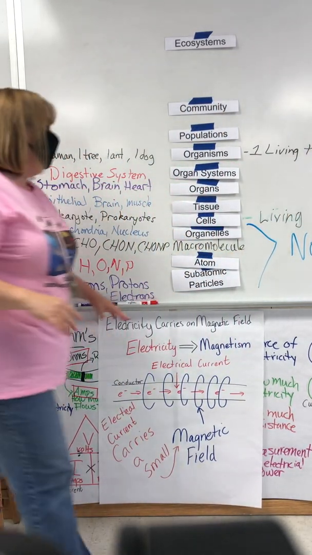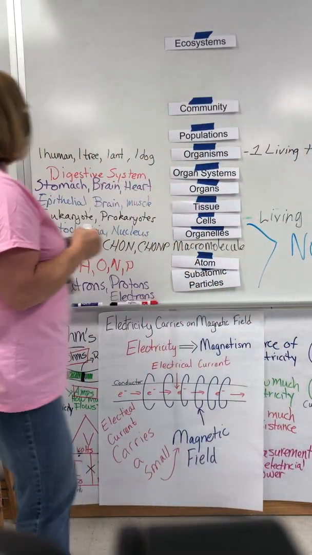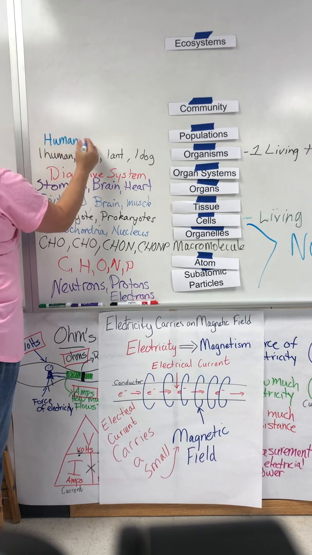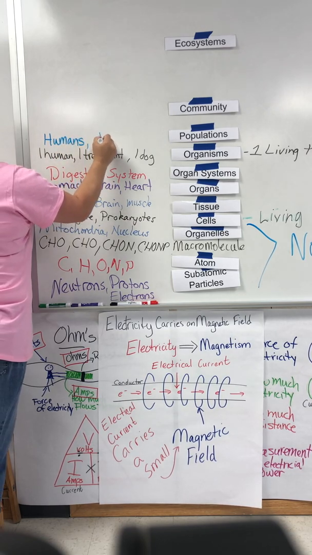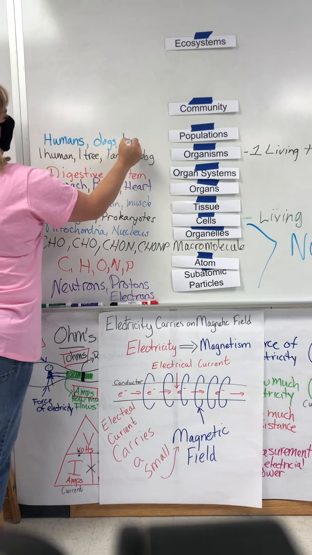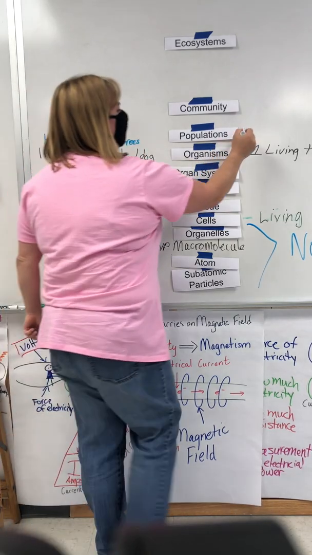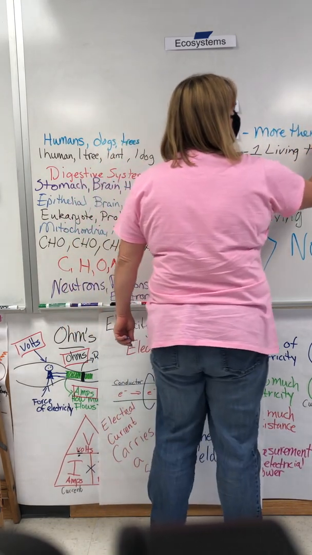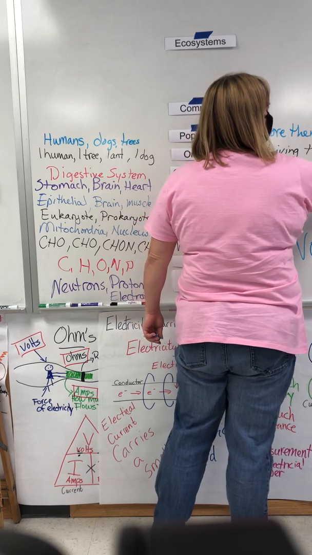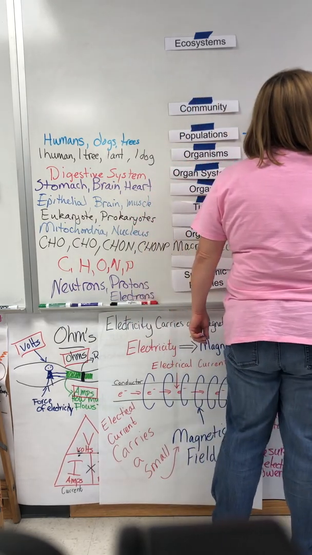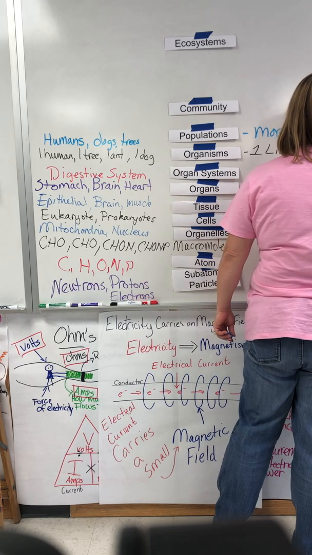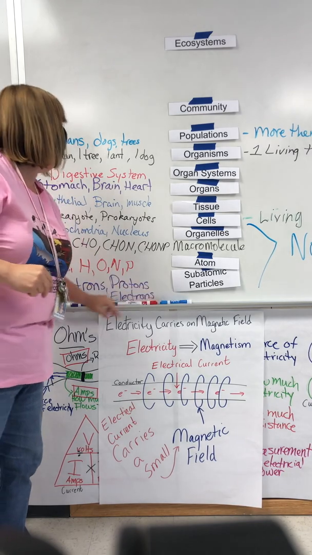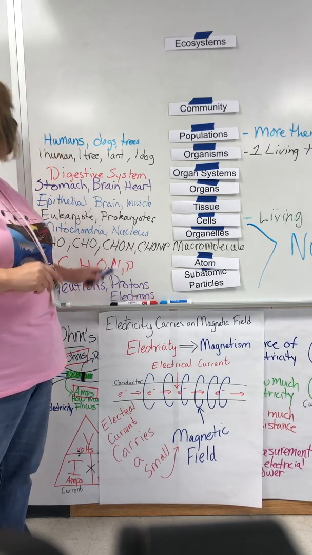When we go to a population, we're talking about humans. More than one, but all the same species. Dogs, trees. Now, we're going to add in community.